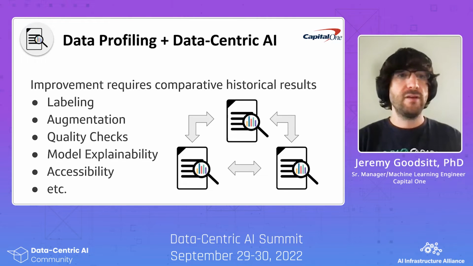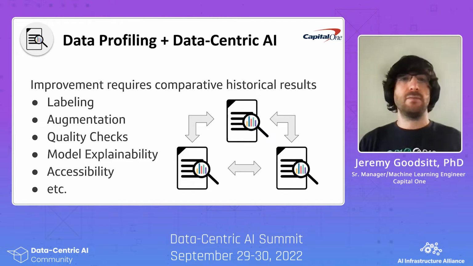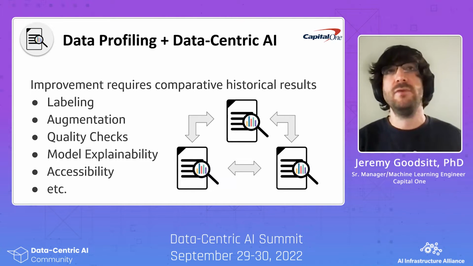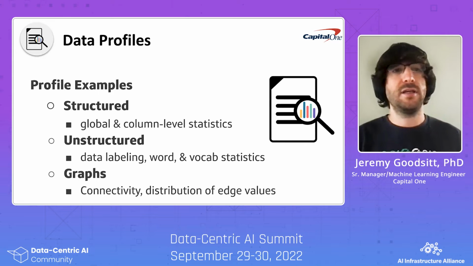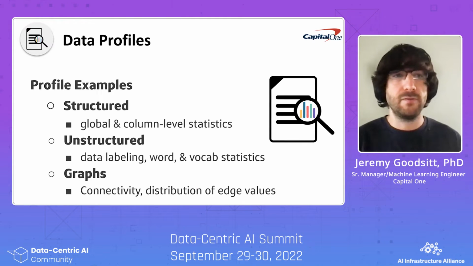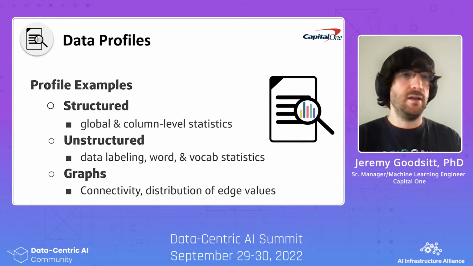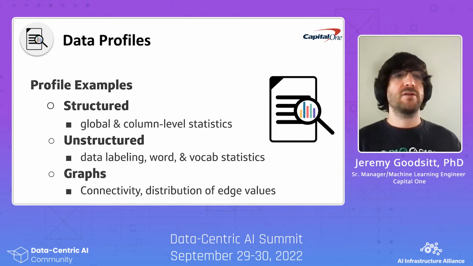So obviously we want to have these snapshots at a single point in time, but we also want to be able to have data profiles in such a way that we can compare historically. So that's really important. And just to give an example, these are some of the examples we have within our open source repo, but this is only a subset, of course, of profiles that can exist. You can have structured profiles, and what does structured data look like?